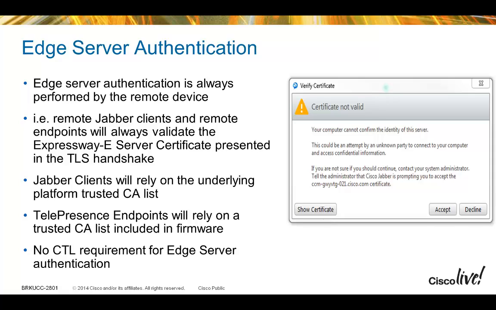I mean, if you want cert warnings to pop on your Jabber client, you don't have to have it signed. That's not exactly a great user experience to give to your end users. So that's why I say we require you to do it with the public CA signed cert. The clients are then going to rely on their underlying platform and what certificates are trusted there to authenticate that Expressway server certificate.